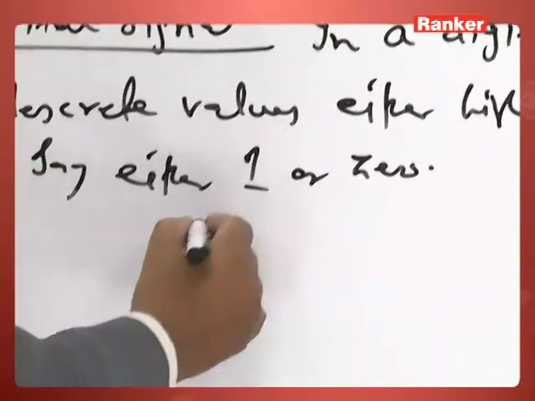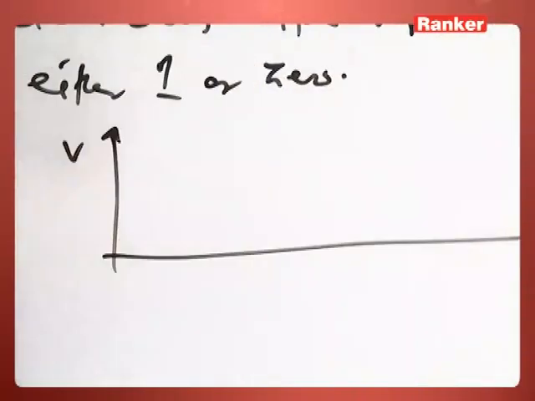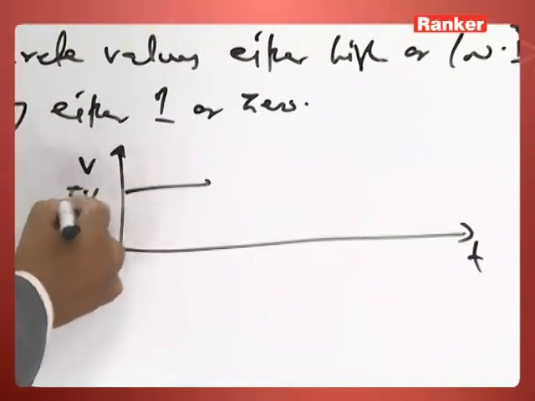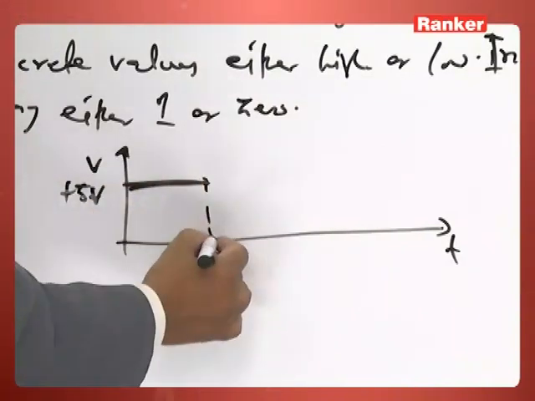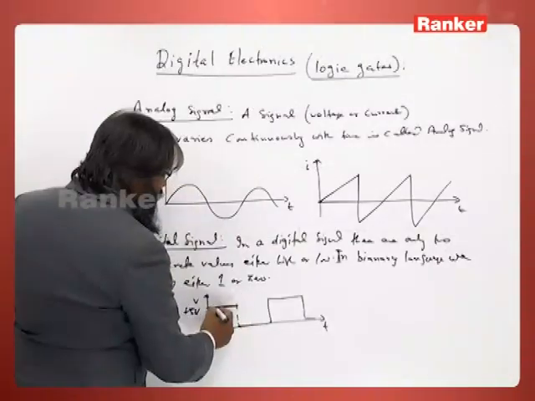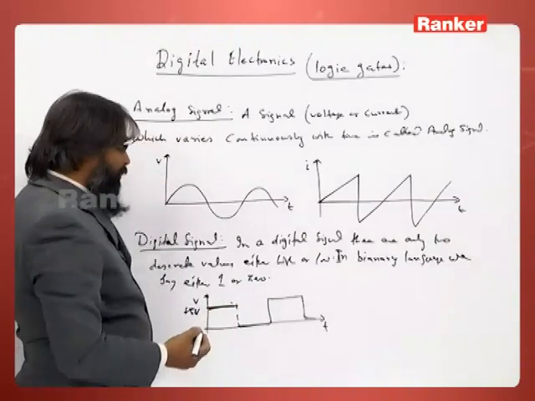Suppose here there is voltage, and I say it is 5 volts. Up to this time it is 5 volts, then 0, then again 5. Either it is 5 or 0, no other values are there.